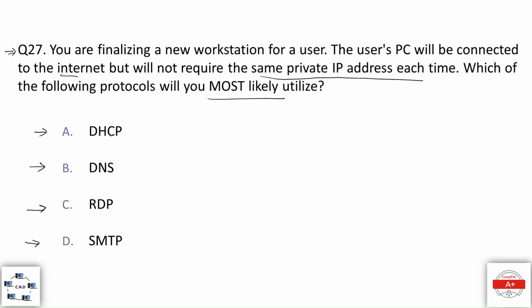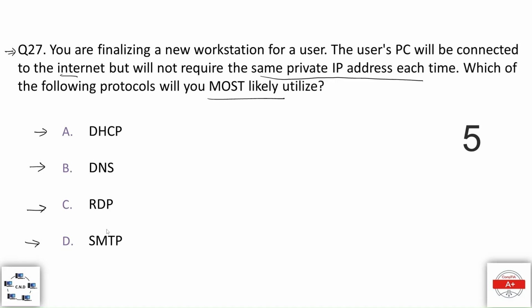So DHCP is dynamic host configuration protocol that assigns IP addresses and other information automatically to the user. DNS is domain name system, and RDP is remote desktop protocol, while SMTP is simple mail transfer protocol.